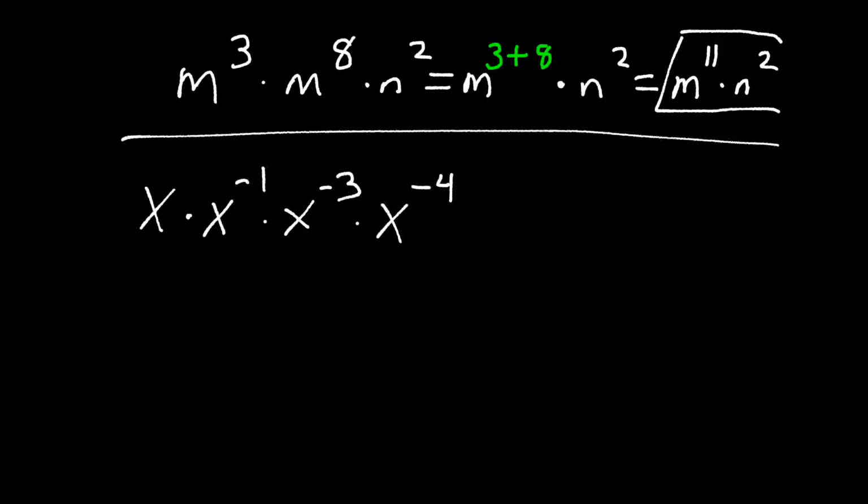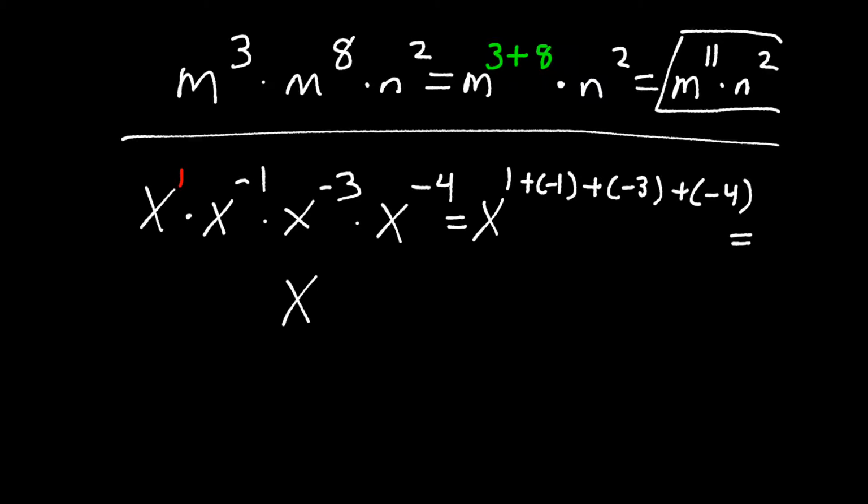I need to remember that this single x in the front is an x to the 1st, and I can still do the same exact idea as I did with my same base exponents over here. This would be x to the 1st plus a negative 1 plus a negative 3 plus a negative 4. And when I add all of that together, I'm going to end up with x to the negative 7.